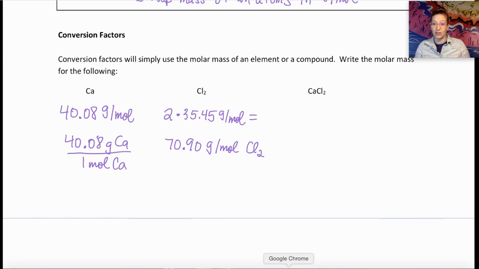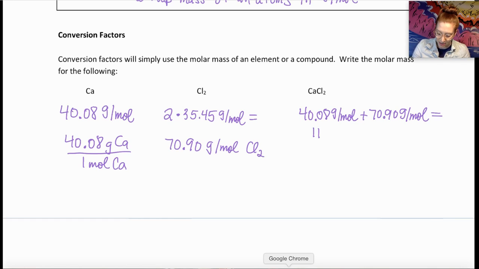Now, since we already have the individual pieces of these, I'm going to just go ahead and add those up, which is 40.08 grams per mole for the calcium and 70.90 grams per mole for the 2 chlorines. Okay, this is going to be 110.98 grams per mole for CaCl2.